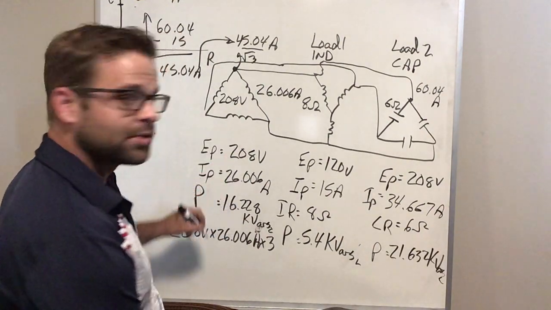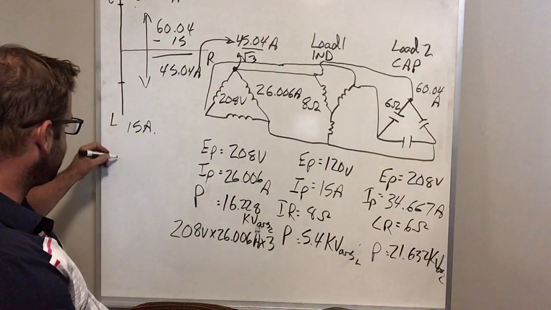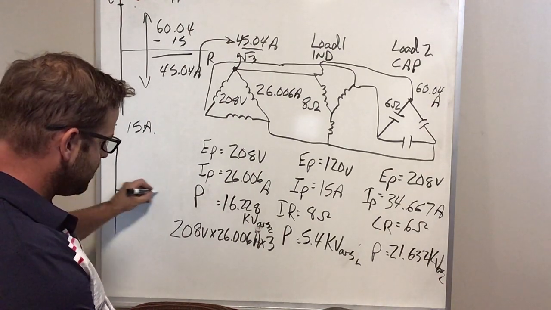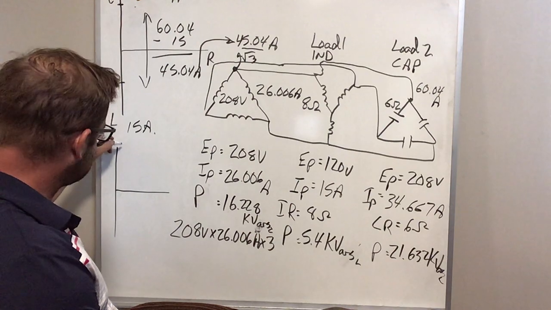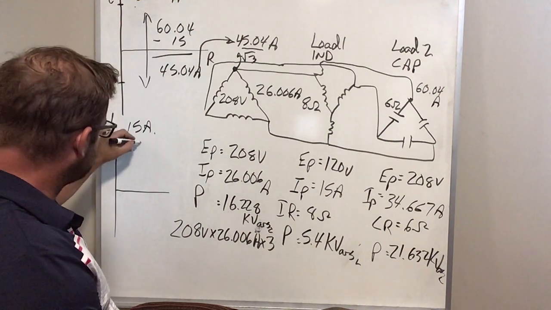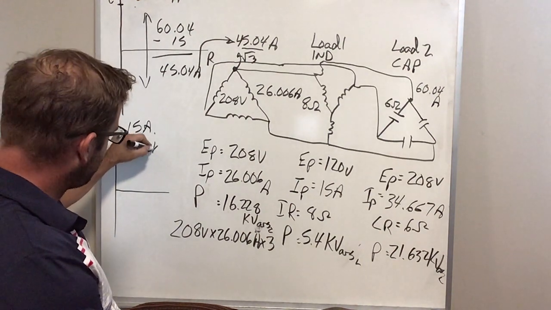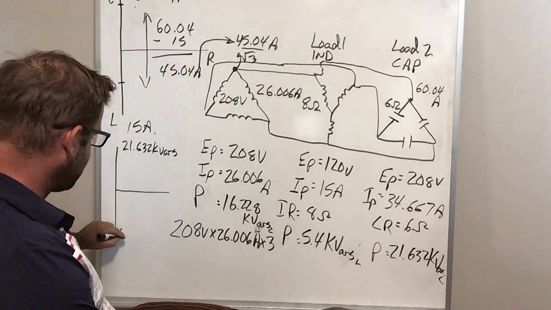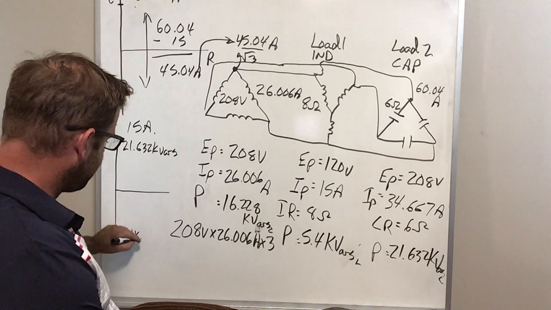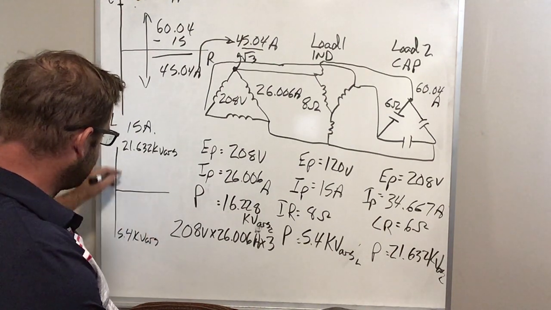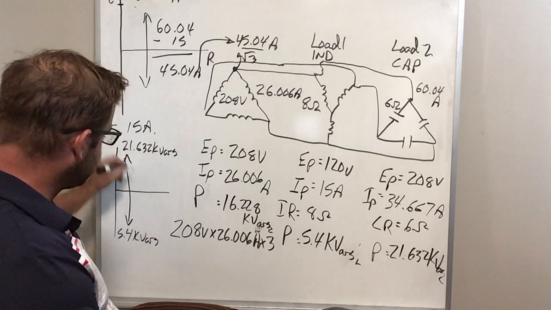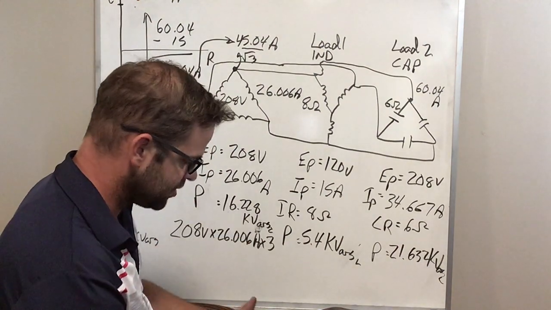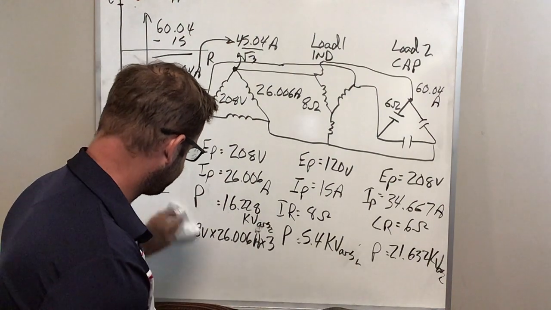We can also plot that: 21.632 kVARs and 5.4 kVARs, and the difference between those two is what we see here, 16.22 kVARs.